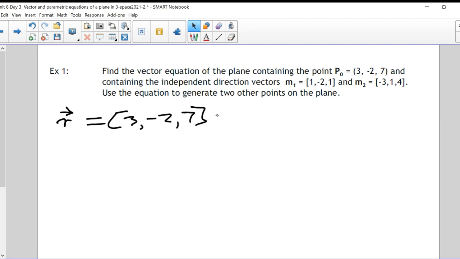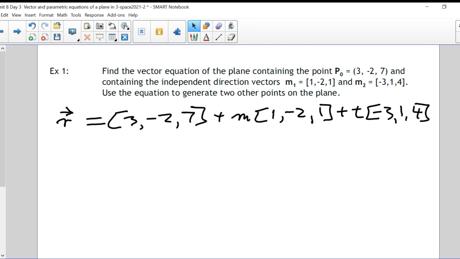And I'm going to be adding on to that. I'll use m and t. m is one of the scalars that I'm going to be multiplying these other vectors by. So m times (1, -2, 1), and t times (-3, 1, 4).